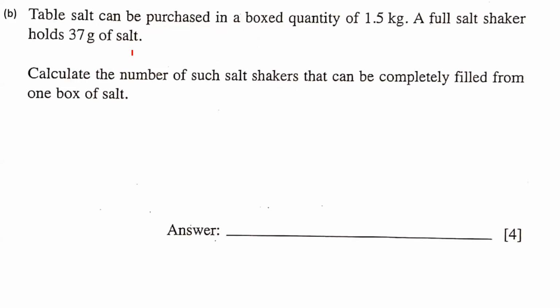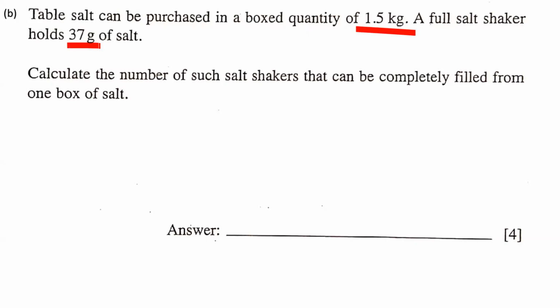It says table salt can be purchased in a box, quantity of 1.5 kilograms. A full salt shaker holds 35 grams of salt. Calculate the number of such salt shakers that can be completely filled from 1 box of salt. Okay, so we have a problem because this is in kilograms and this is in grams.